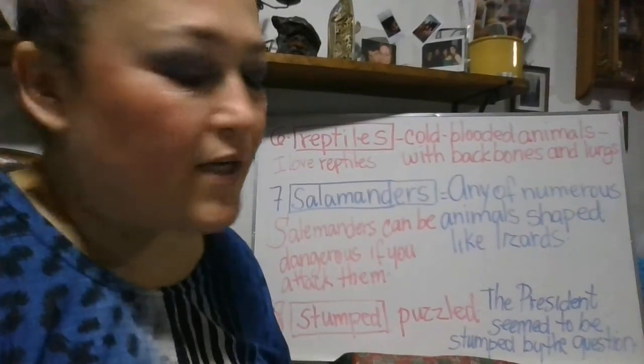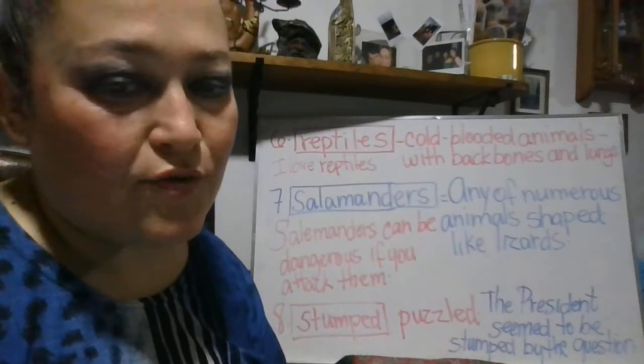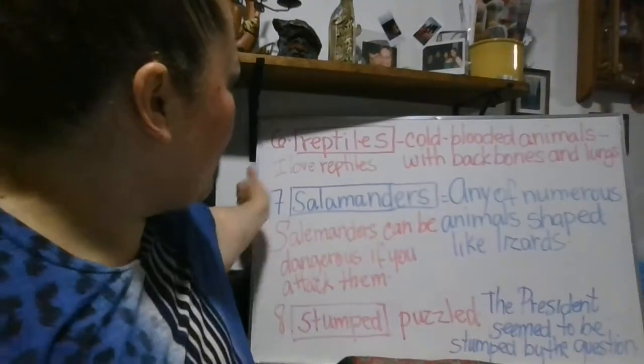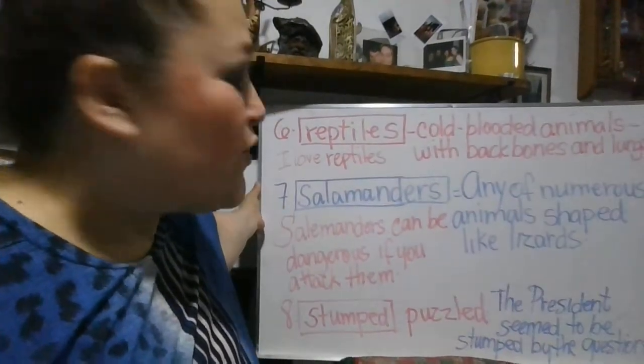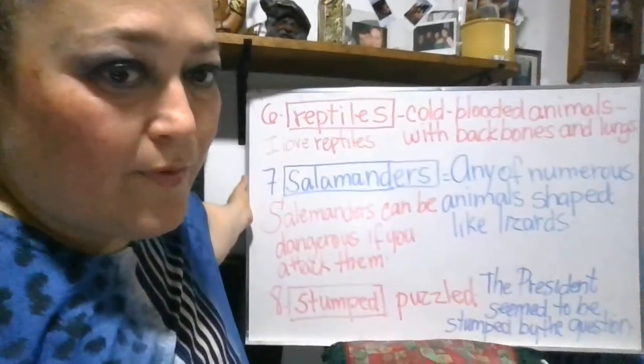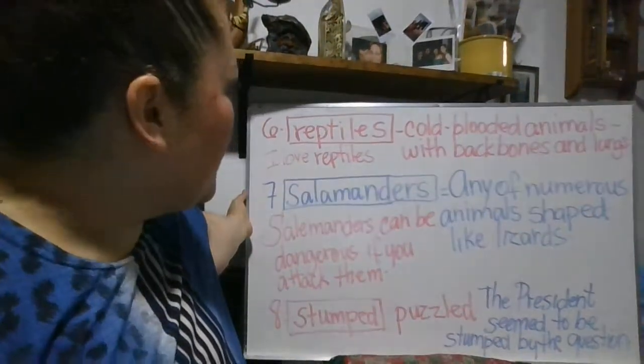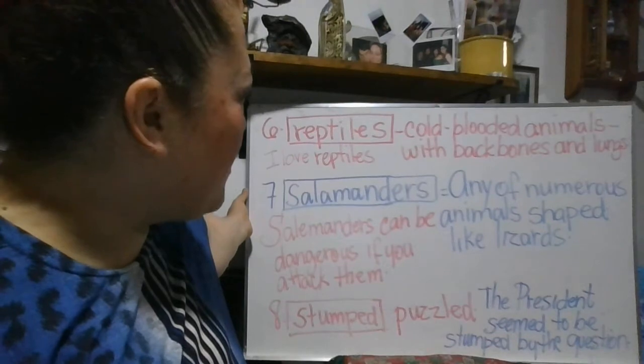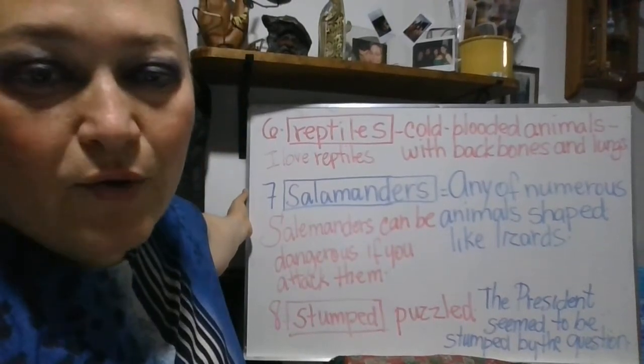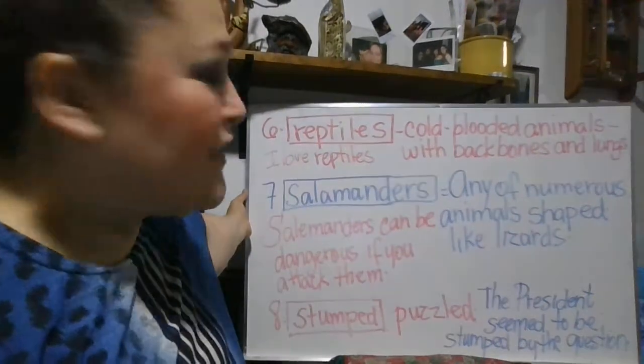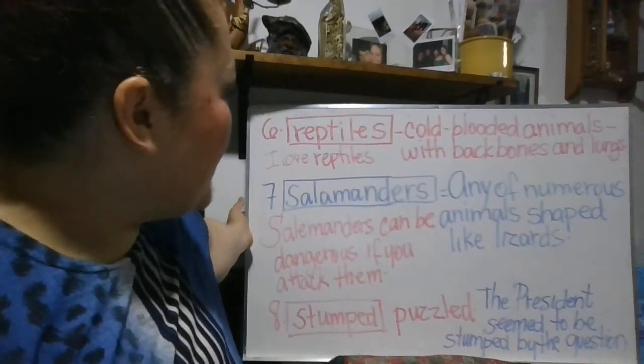Okay, guys, we continue with our last 3 words. And here we have the word reptiles. Reptiles, guys. Cold-blooded animals with backbones and lungs. And I wrote down the sentence, I love reptiles. Salamanders.